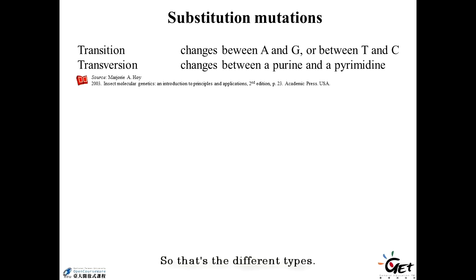So that's the different type. And this is related to the mutation rate, which we'll talk about when we start talking about the models of the substitution rate. And we'll talk about the rate differences between transition and transversion.